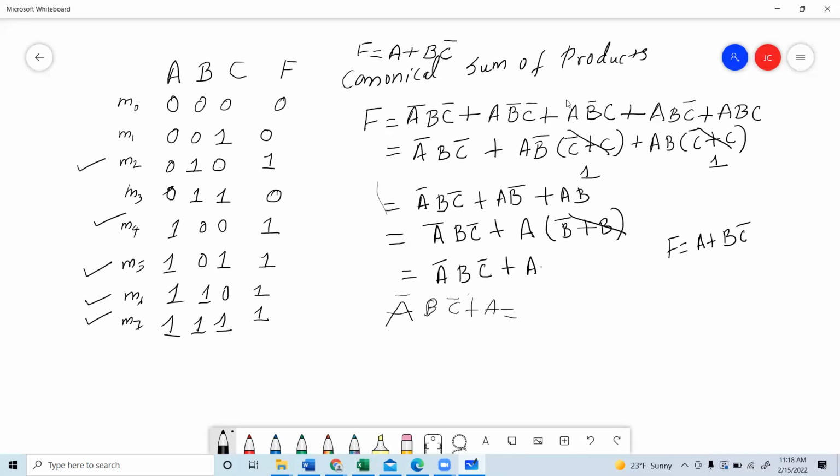I think using a... this away and then get A plus B C bar. I think get the substitute here.